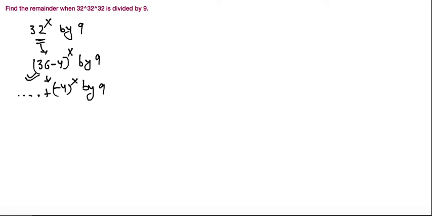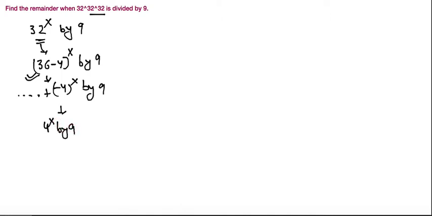If you look at our original problem, x was nothing but 32 to the power 32. So x is basically even. So minus 4 to the power x by 9 can be said to be the same as 4 to the power x divided by 9. Why?